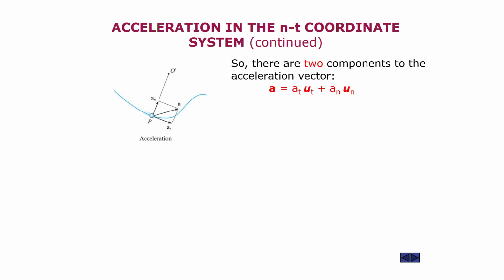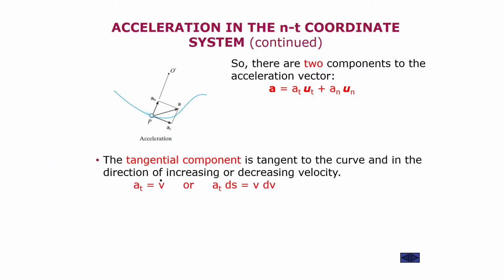So there are two components of acceleration, one is the tangential and the other is the normal, same as for the velocity. The tangential component a_t is equal to v dot, the derivative of the velocity.